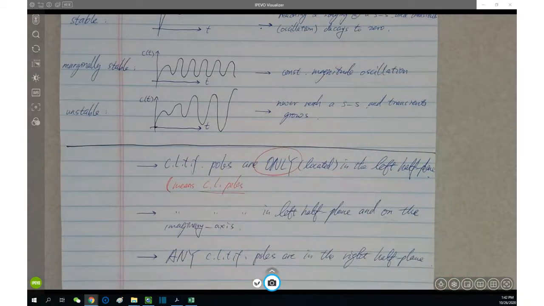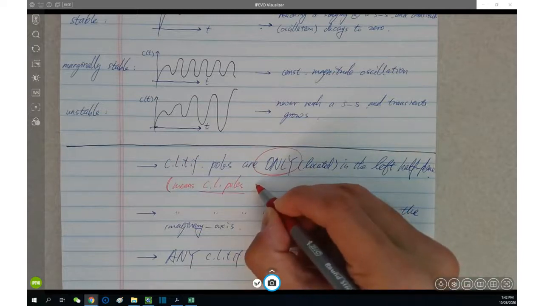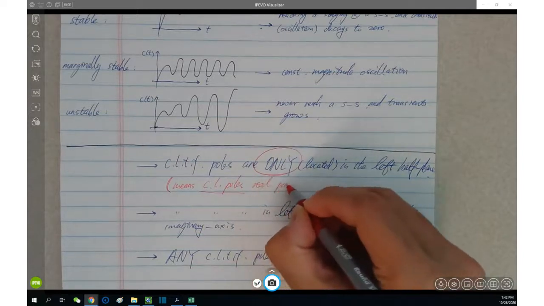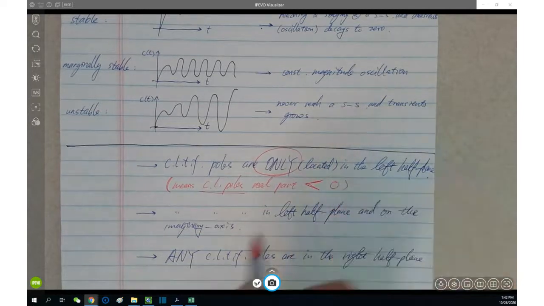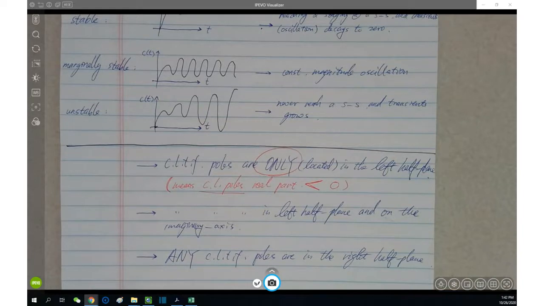These numbers, real part, less than 0. Does it make sense? All of them, okay. All of those closed loop poles, real part less than 0. Or say all of the closed loop transfer function denominator polynomial roots have a negative real part, meaning the same. Right?